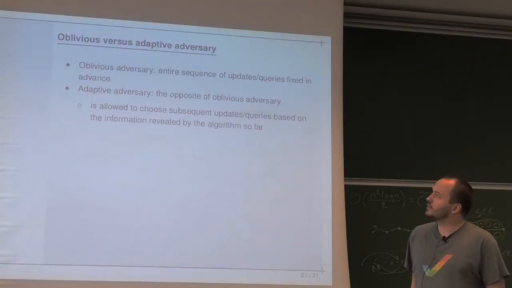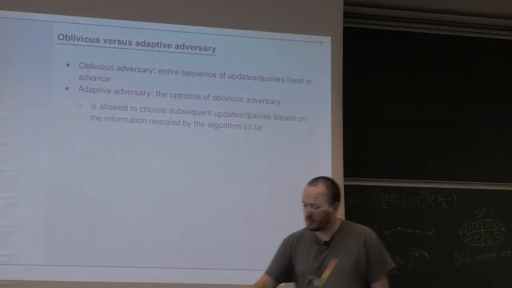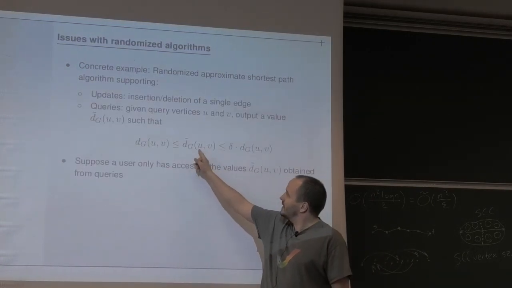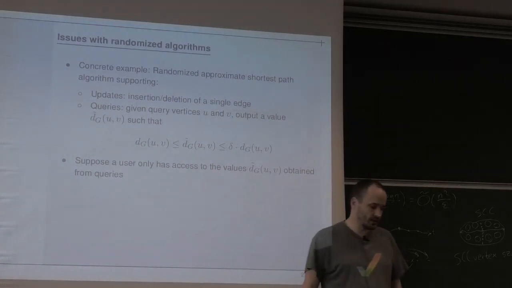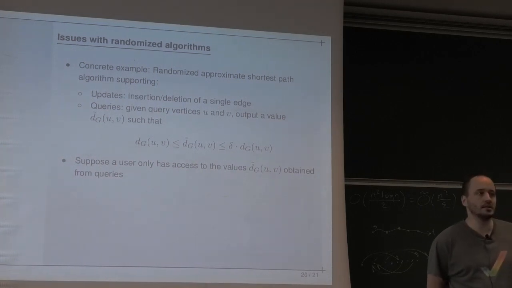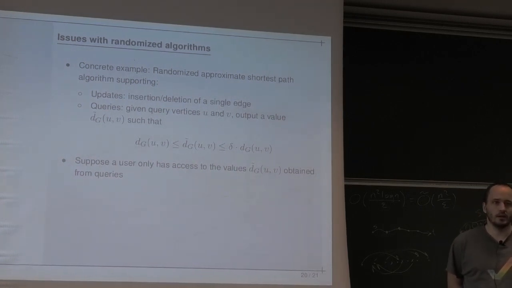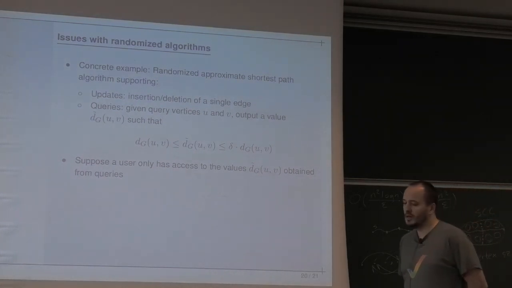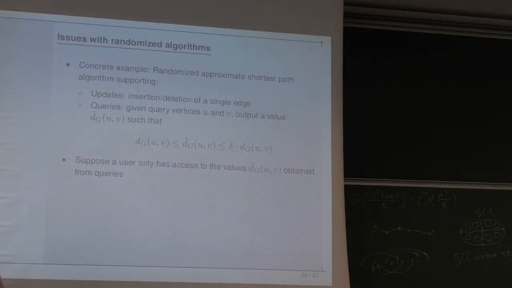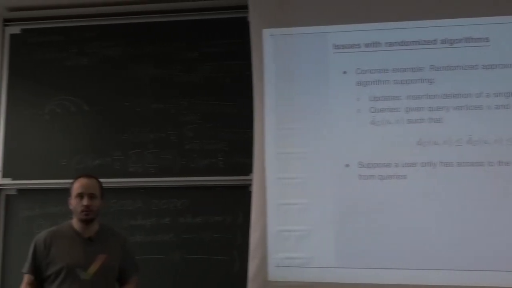The problem on the previous slide was that this estimate could reveal something about the random bits. But if you look at the problem we looked at yesterday, there were exact distances. Can the output from each update reveal anything about the random bits? No. There's a slight detail that it's a Monte Carlo algorithm, so sometimes it might give the wrong output.